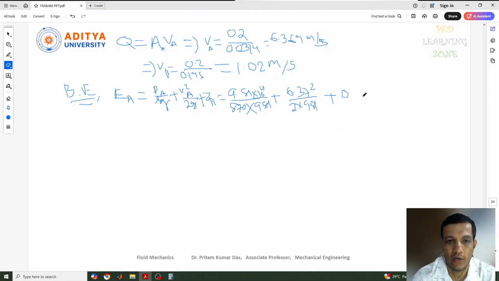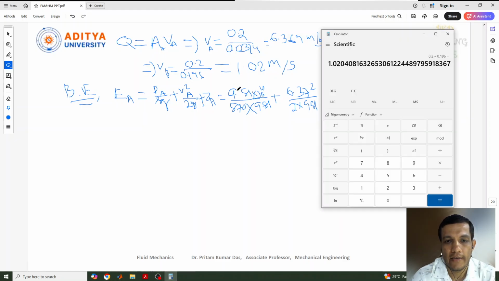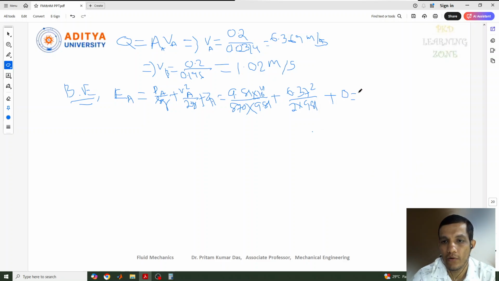We need to solve this and identify the value. So 9.81 will be cancelled. 10 to the power 4 divided by 870 gives 11.49, that is one value.